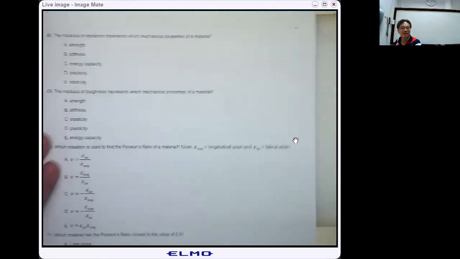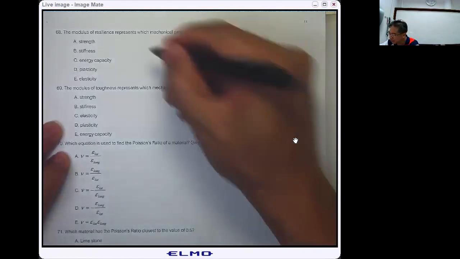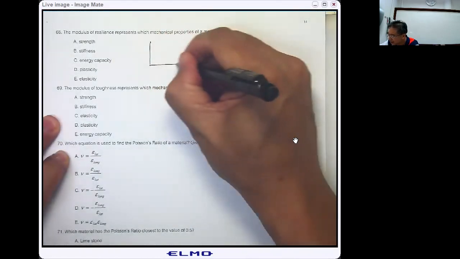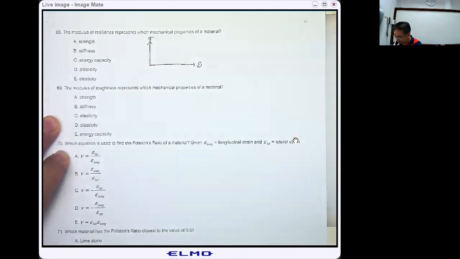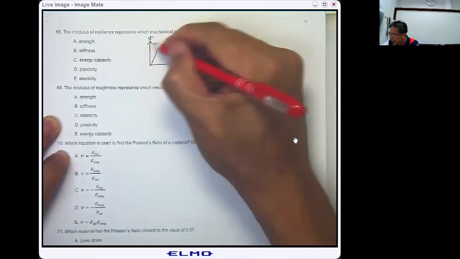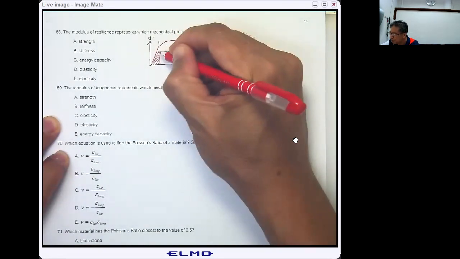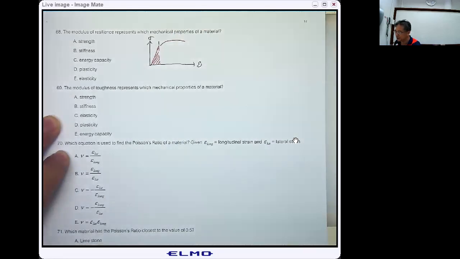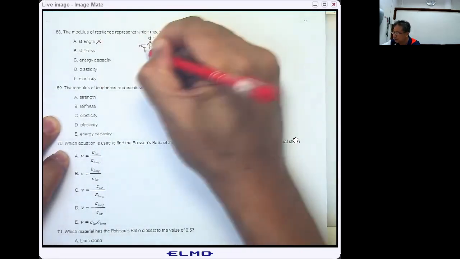68. We come to the modulus of resilience. The modulus of resilience is what? The modulus of resilience is the area under the stress-strain diagram when the material has linear elastic behavior, computed by this area. So it is not the strength because the strength is the sigma sub y here.